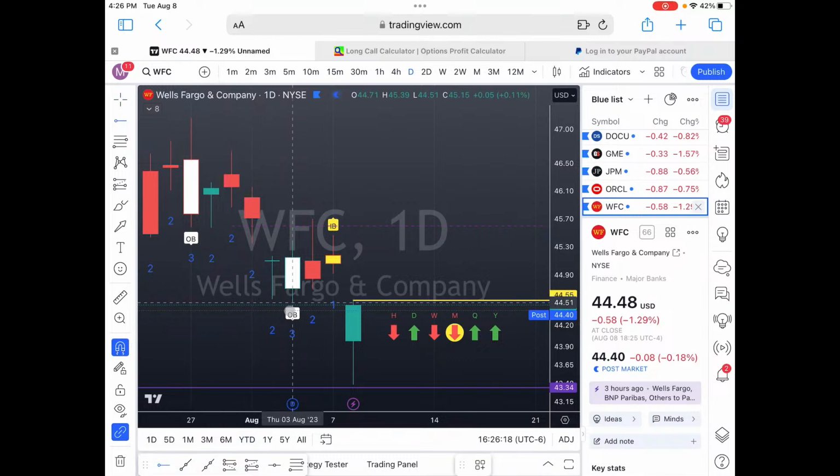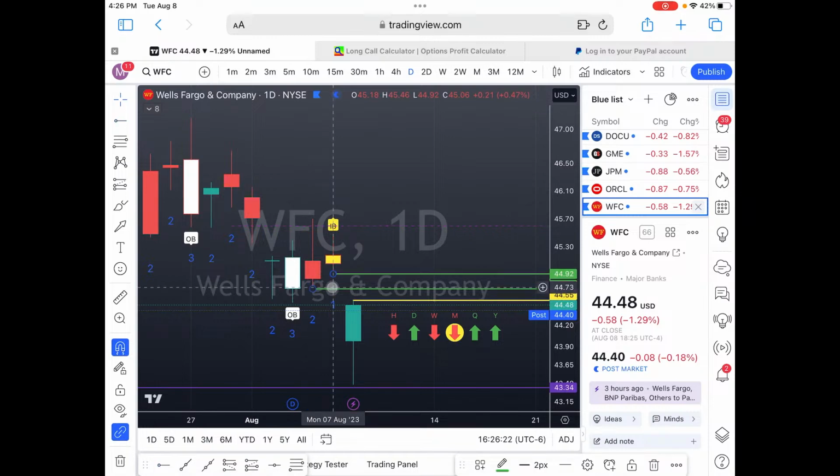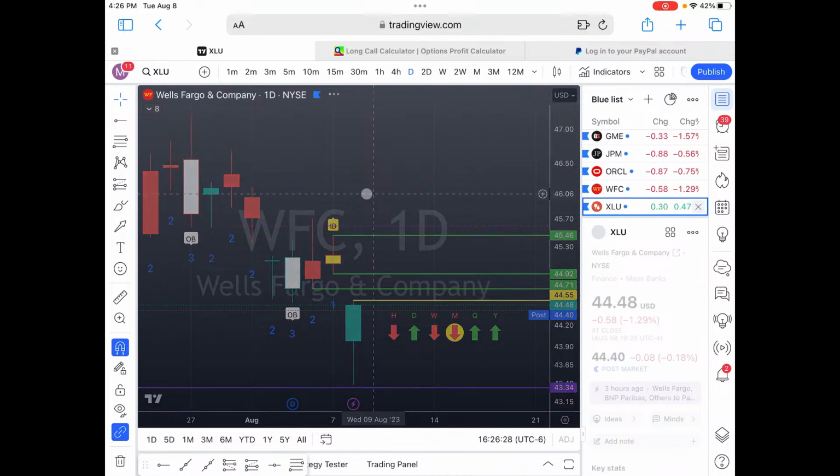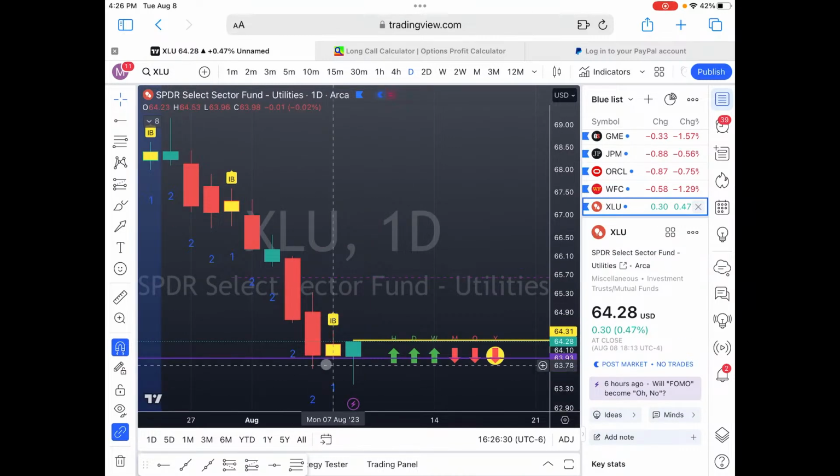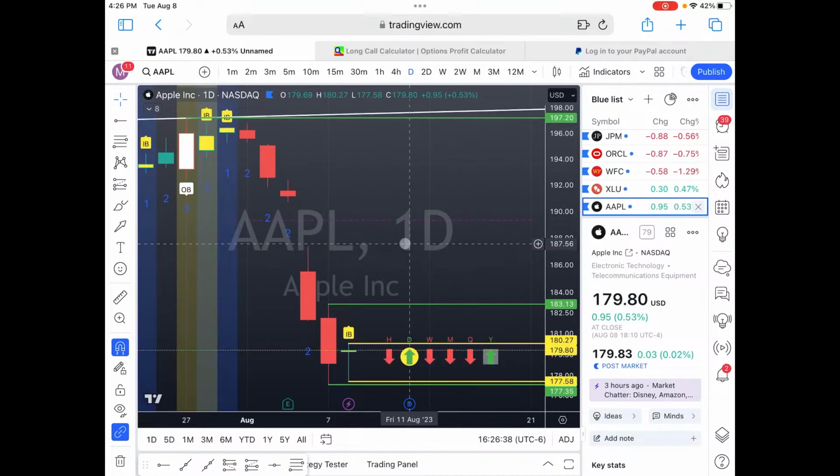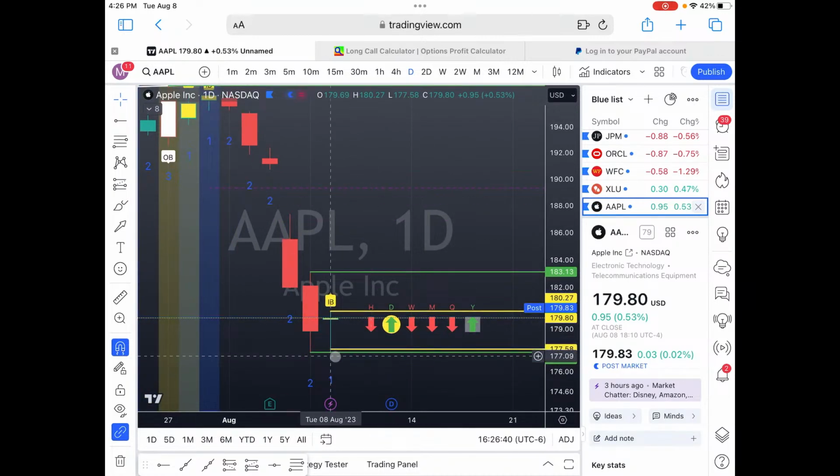So again, we had that gap set up. Target 1, target 2, and target 3 goes to the top of the candle, okay? Calls at 44.55. XLU, 122 Rev Strat, hammer candle. Calls at 64.31 on XLU.